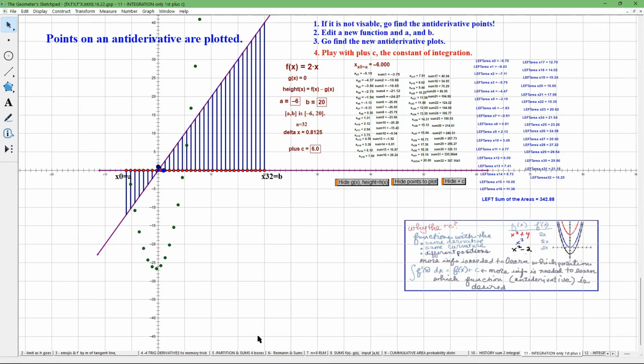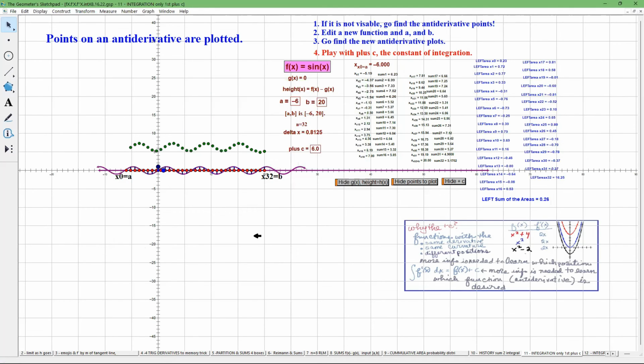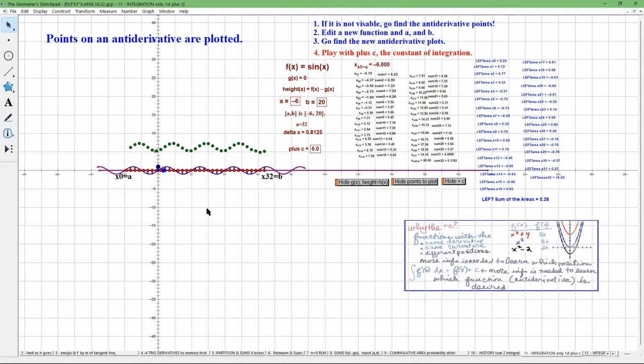Let's throw in a sine. Let's take the sine of x. Okay, let's change the grid. We want trig.